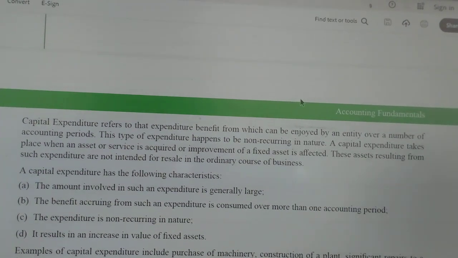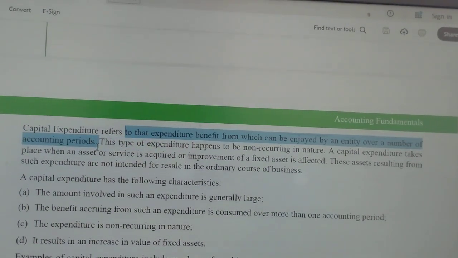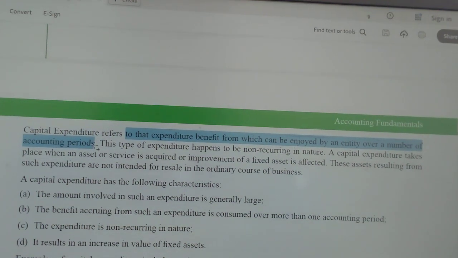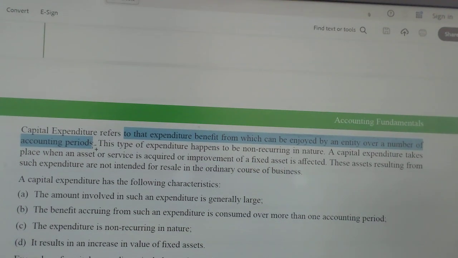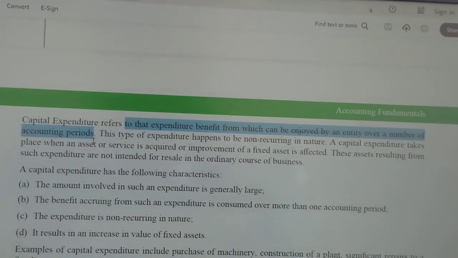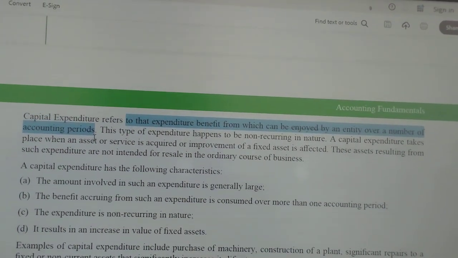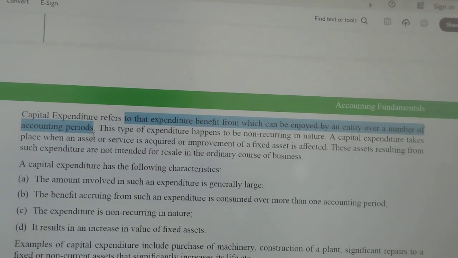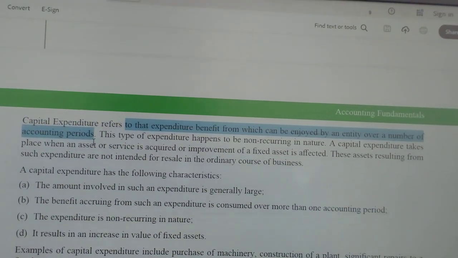The benefit from this expenditure can be enjoyed by the entity over a number of accounting periods. These are non-recurring in nature. We do not incur capital transactions regularly, only once in a while. It is not a regular transaction of any organization.